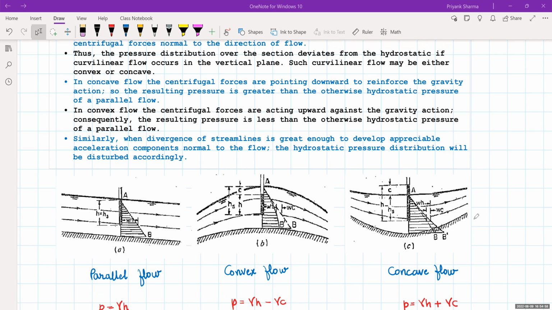So these three figures are very well understood: in case of parallel flow you have a triangular distribution. In convex flow, since the centrifugal forces are pointing against the gravity, you have a lesser than hydrostatic pressure distribution, and the third case is the opposite of that.